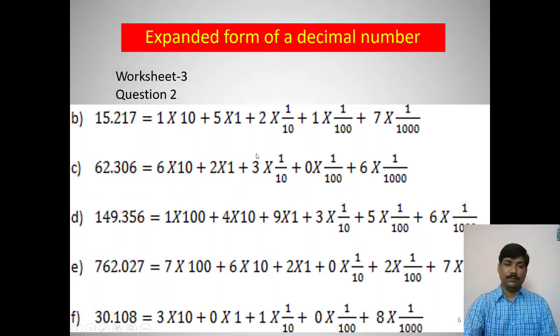So this will be the expanded form of 62.306. Each number can be written in expanded form, whether it is a whole number or a decimal number.